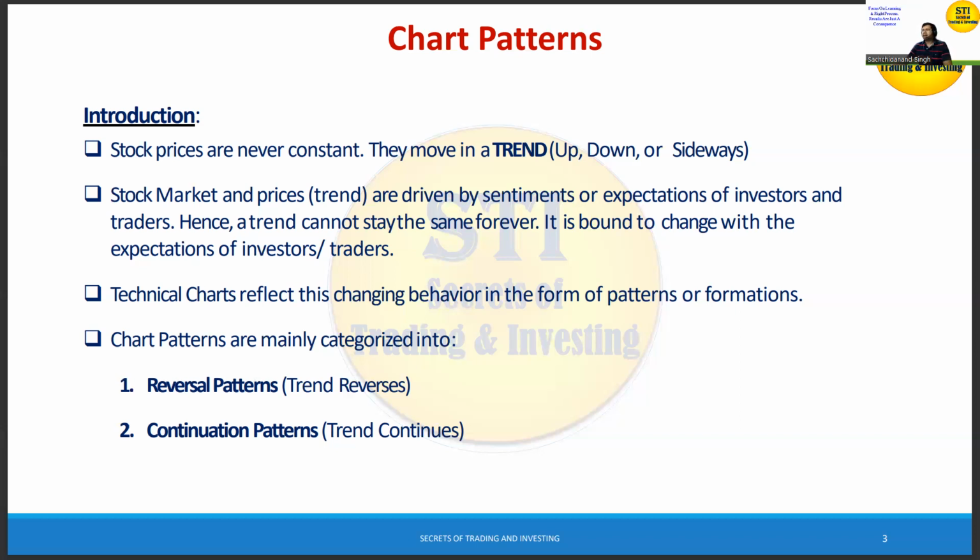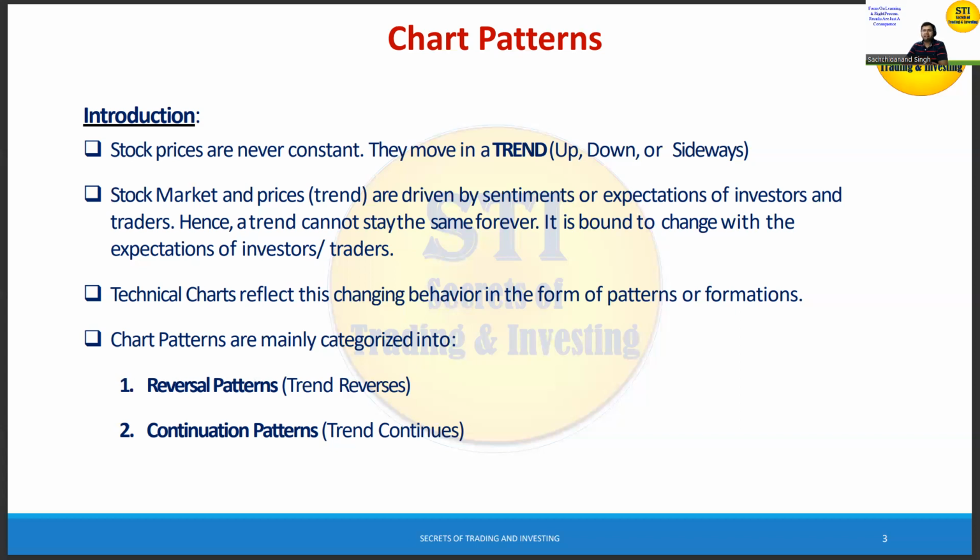Right. And similarly, the downtrend market also happens. And sometimes both the sentiments are in a balanced way, which means there's not much movement happening. So based on the sentiments or the expectations of investors or traders, those trends keep on changing, and hence any trend cannot stay the same forever.